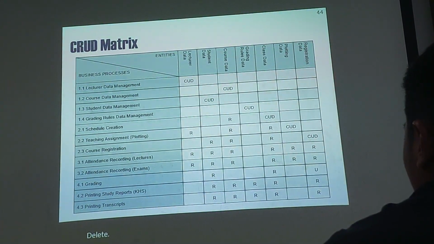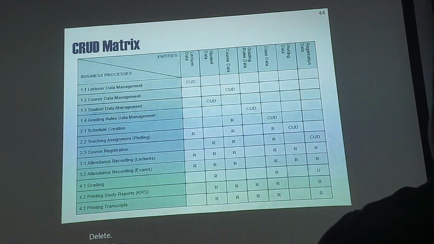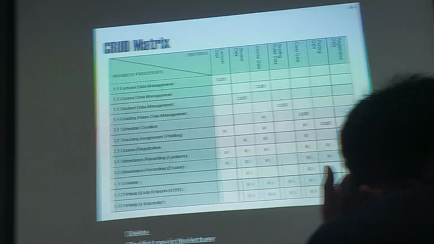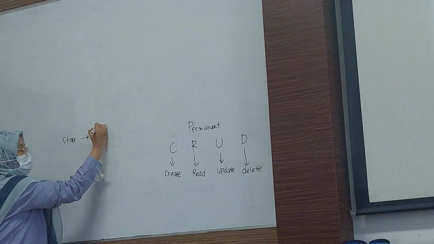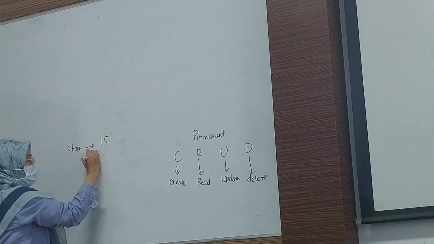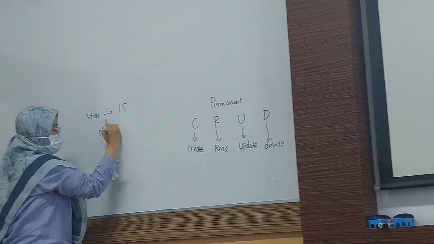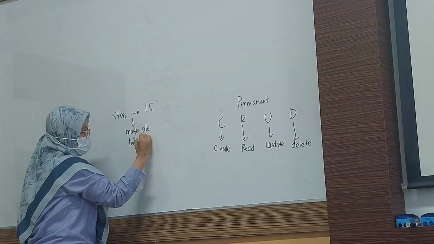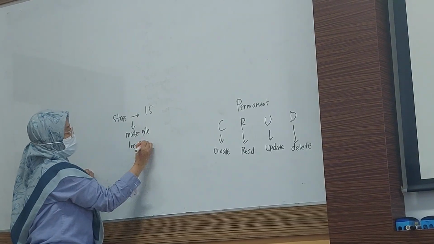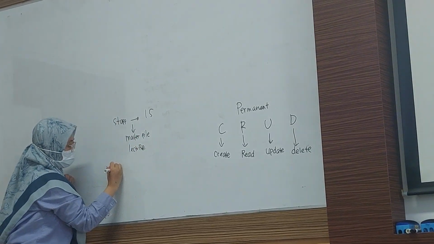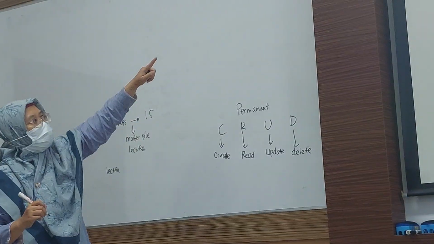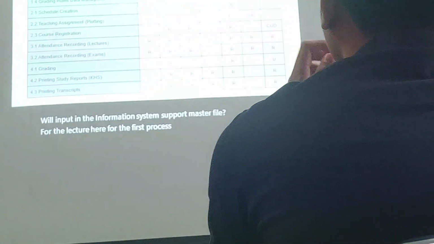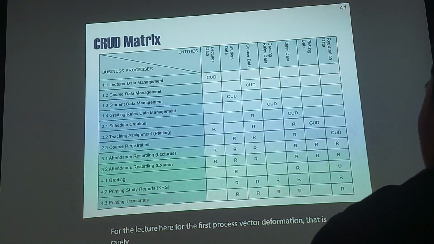The first one is lecturer data management. So the staff will input into the information system the master file about the lecturer. So for the first process, lecturer data management, that is really connected with the lecturer data.